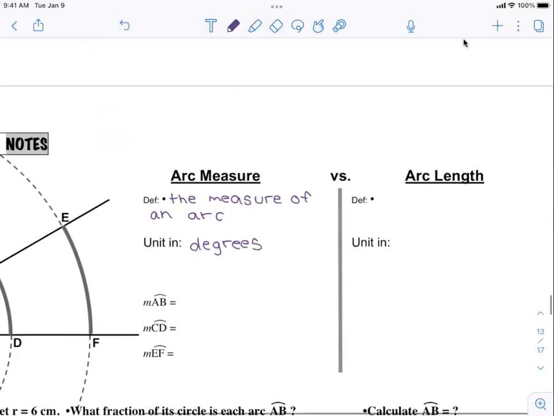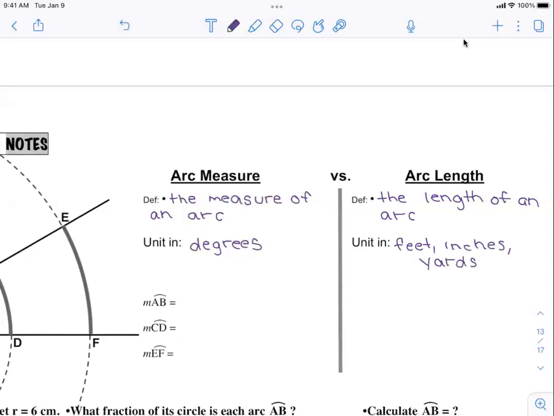If we're going to say arc length, that's going to be the actual length of the arc. And again, you can't measure that with a ruler. And that could be in feet, inches, yards, etc. It'd be as if you straightened out the curve and then could measure it. But obviously it's on a piece of paper, so you can't just straighten it out.